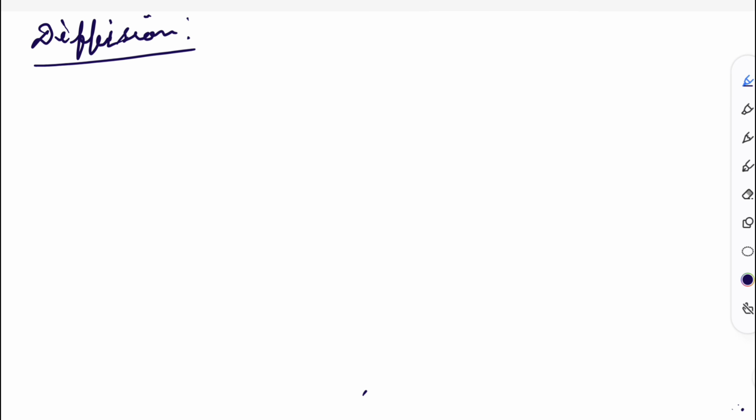Okay. Now diffusion is what? Diffusion is free movement of molecules of a substance from higher concentration to lower concentration. Fine. Free movement of molecules from higher concentration to lower concentration is called diffusion. This is the simplest definition I can give.